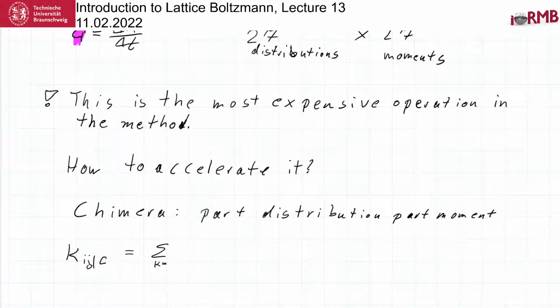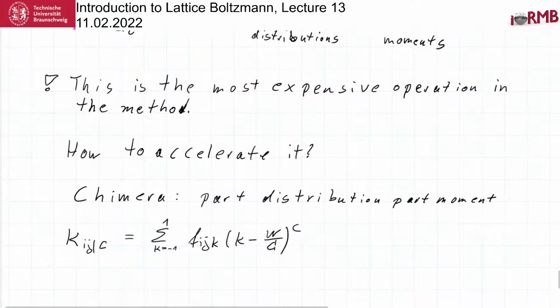I'm only summing over k of f_ijk times ((k - w)/c)^c. So this is now something in between a moment and a distribution.